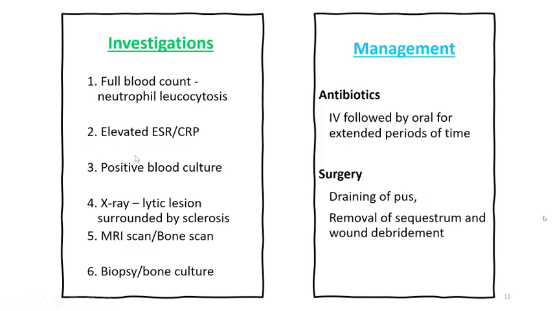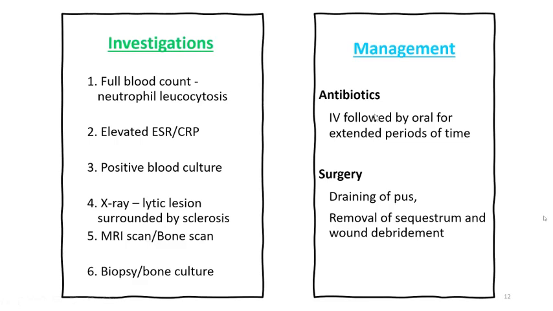And if you culture the blood or bone tissue, you can get bacterial culture, but this is not always true, because if the patient has been treated with empirical antibiotics, you won't get positive cultures. And if you do an X-ray, you can get a lytic lesion surrounded by sclerosis. I will show you why it is there. And in MRI or bone scan also, you can get features of inflammation and a lytic lesion in the bone.